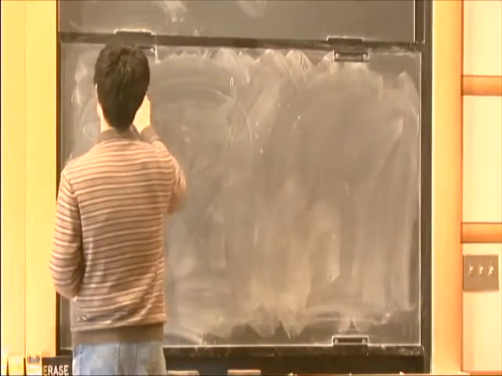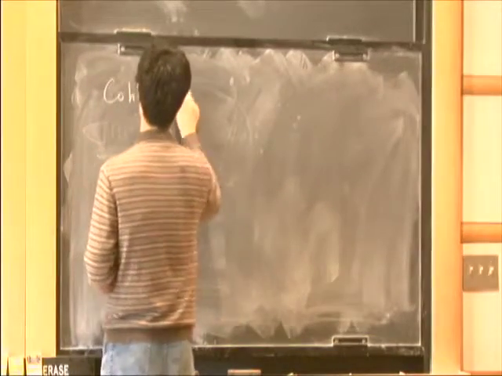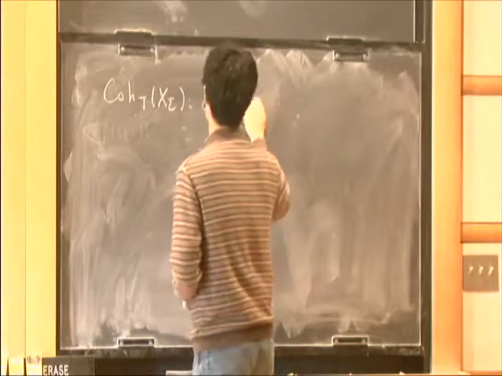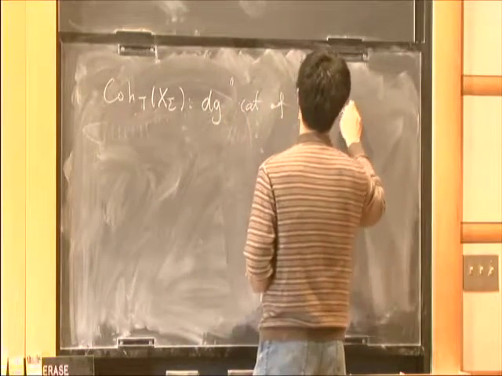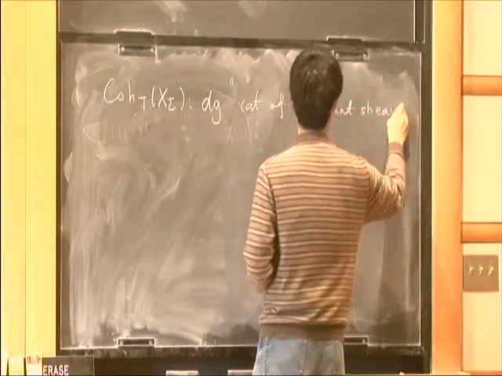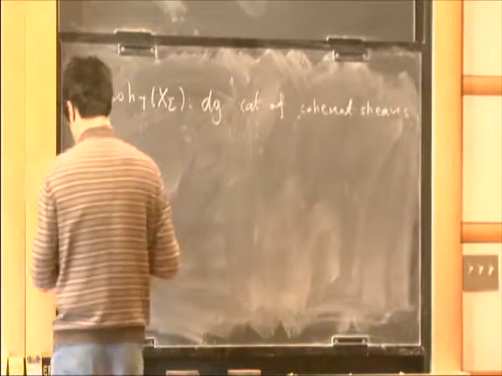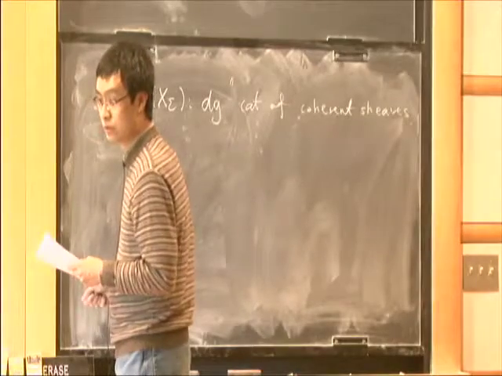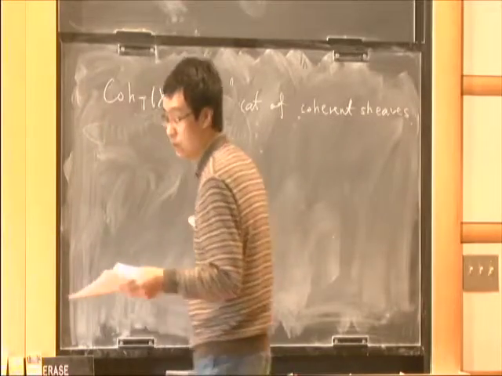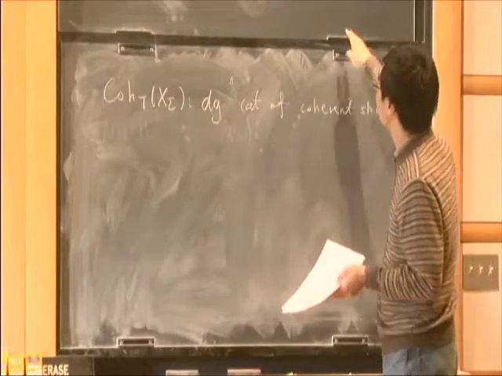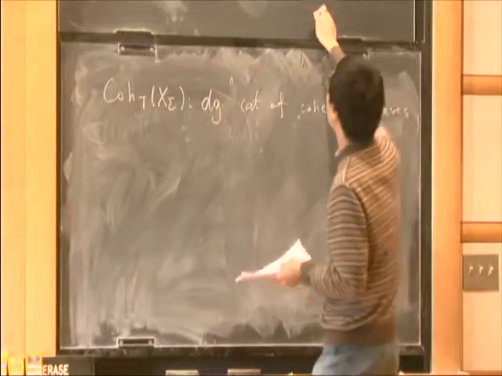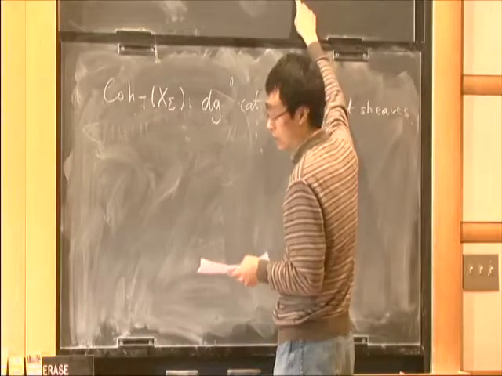So the coherent sheaf category is a DG category of complexes of quasi-coherent sheaves with coherent homology. Coefficients are complex numbers.